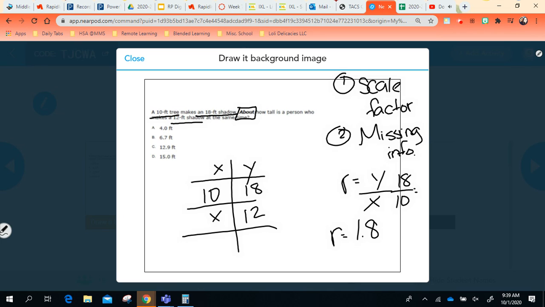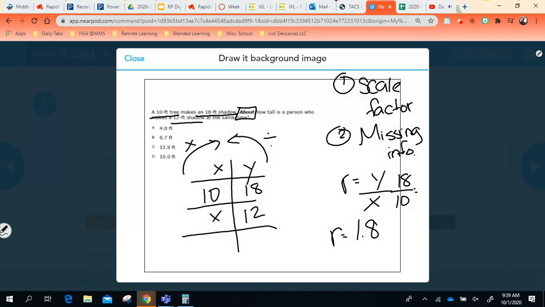Now I get to find my missing information. Can someone tell me how I find my missing information? Why did you say divide? No, you're not wrong. Because you're doing what? Yes. From right to left, we divide.